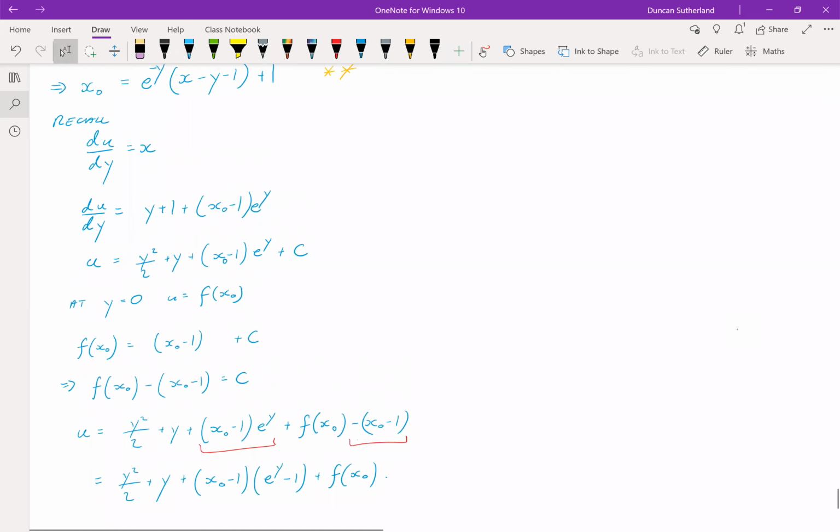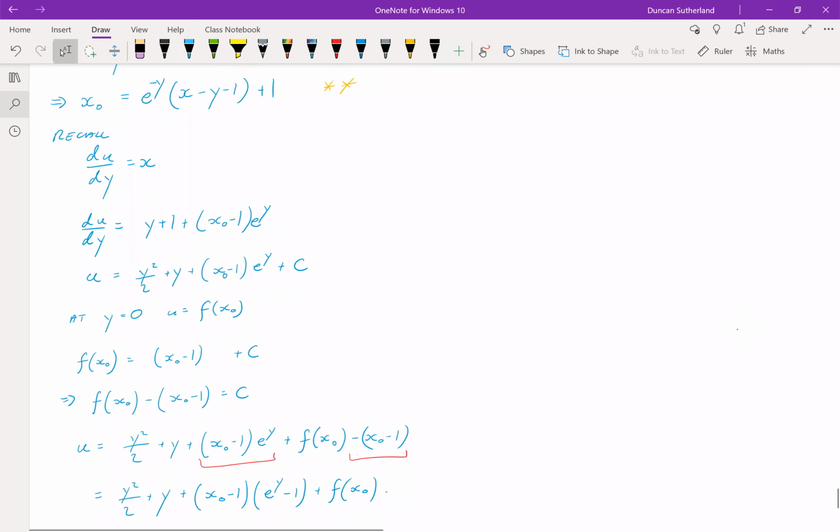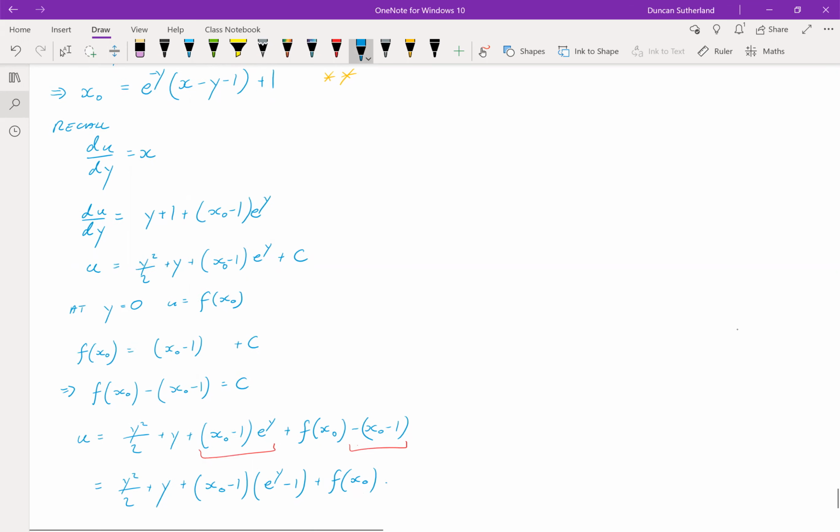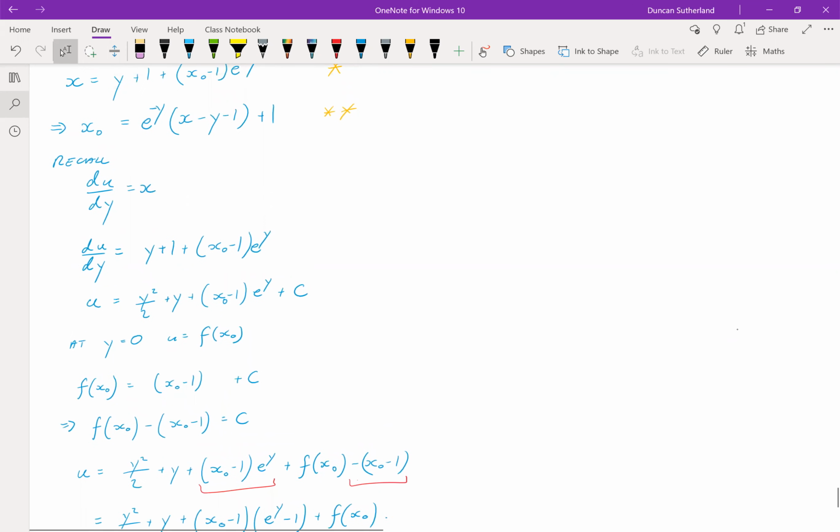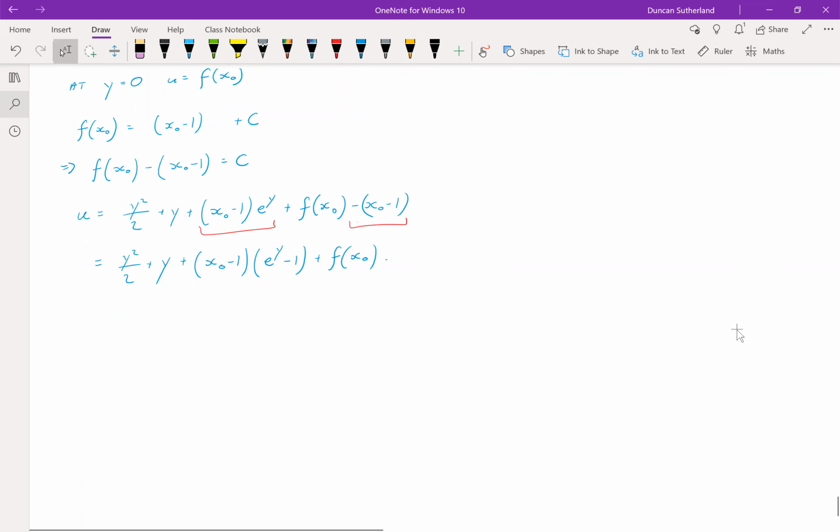Let's substitute now this x naught quantity in here. So I'm just going to copy paste this so I have a reference down, and I can still read everything clearly.